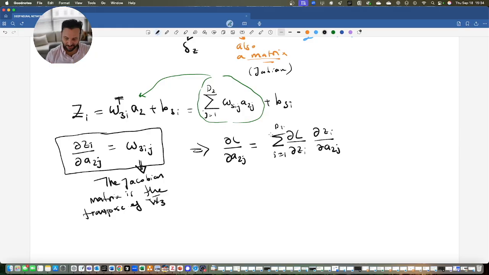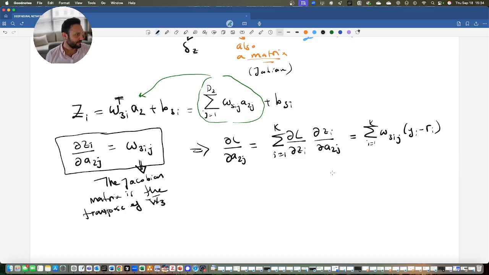Sorry, not d2. I have capital K number of logits because I have k classes, right? And if I sum them up, I have something like i equals 1 to k, w3 ij, yi. So this was yi minus ri.